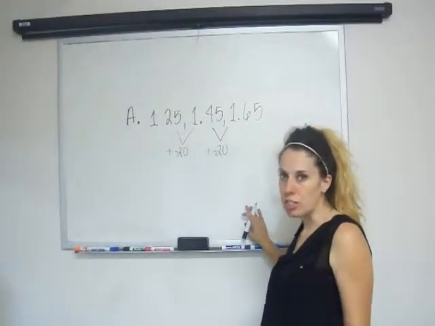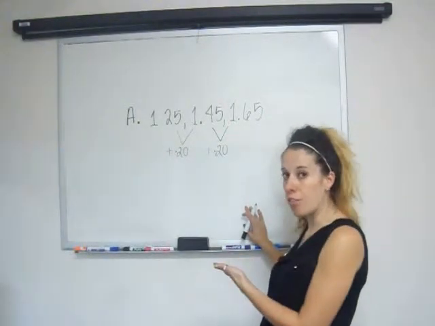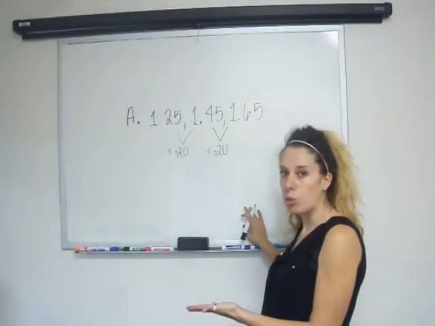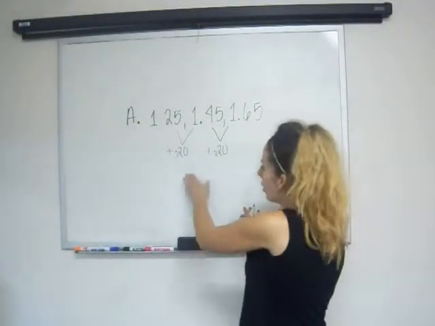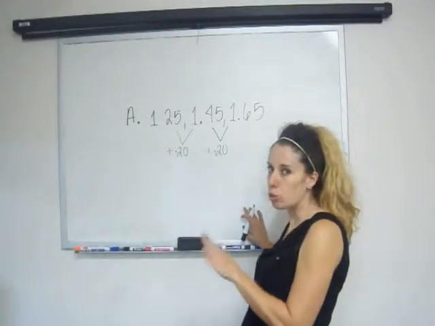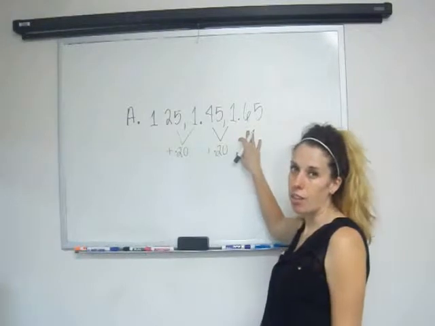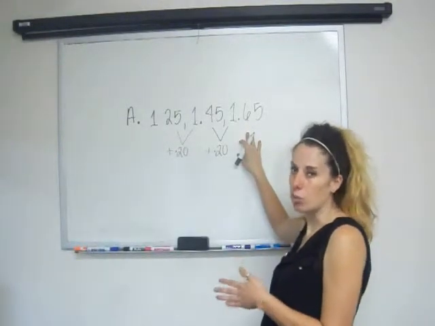So using inductive reasoning, based on the pattern that we found, I'm going to guess that our next three terms are going to be adding 0.20. So I'm going to add 0.20 to 1.65 and then continue on that for the next three terms.